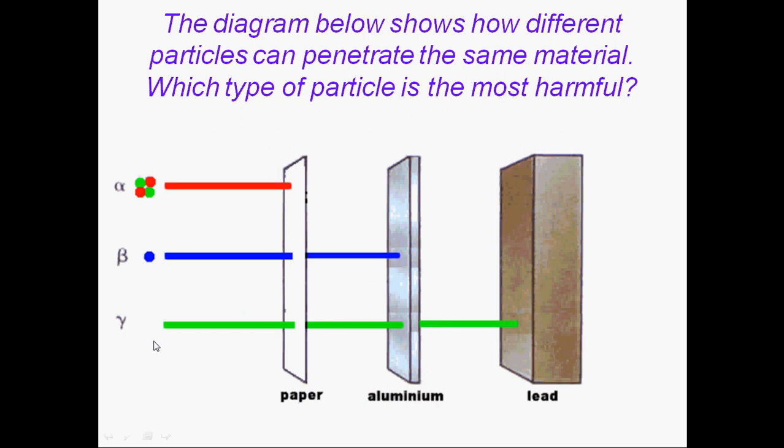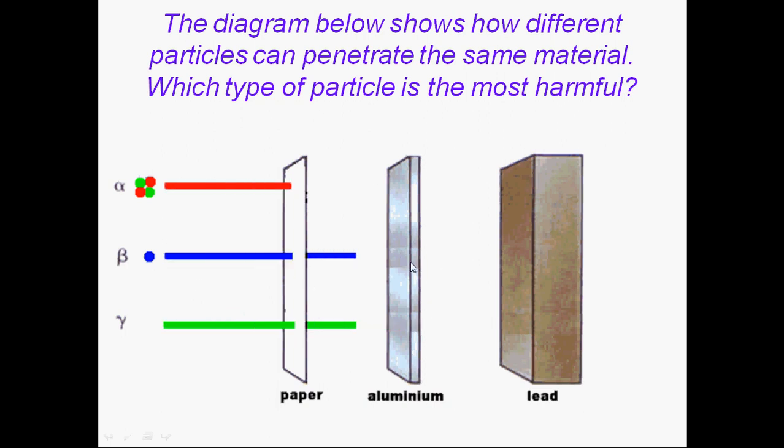Now, what we see is the different layers that each of these radiations, each of these particles, can penetrate through. If you notice, alpha particles are not really that scary, because all you need is a piece of paper. Something even that thin will stop alpha particles in their tracks. They're very easily deterred. Beta particles, on the other hand, are a little bit smaller, so they're able to get through a little bit more stuff.